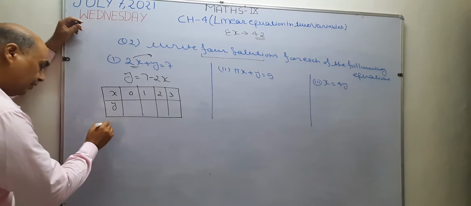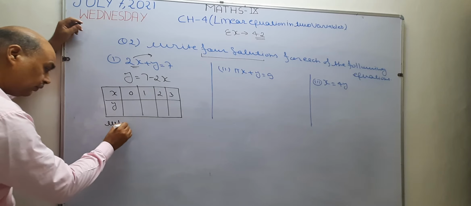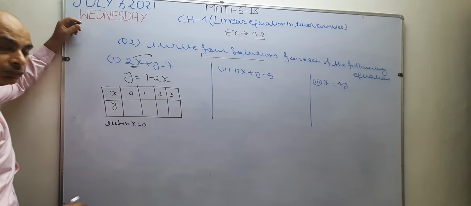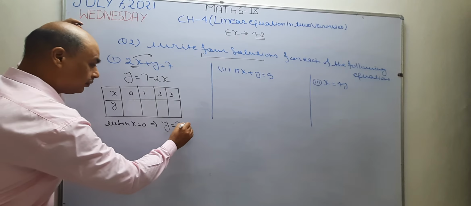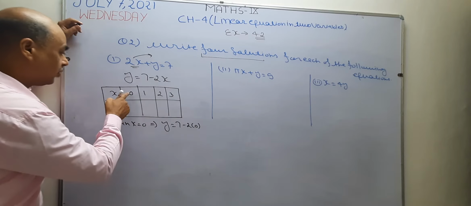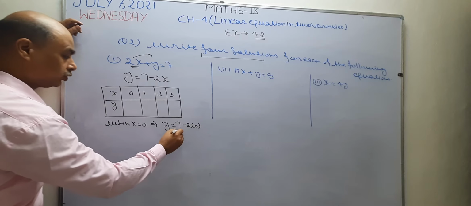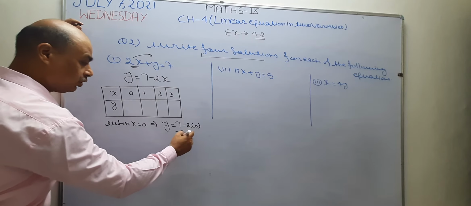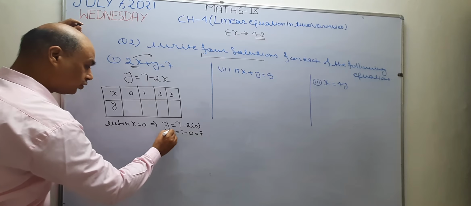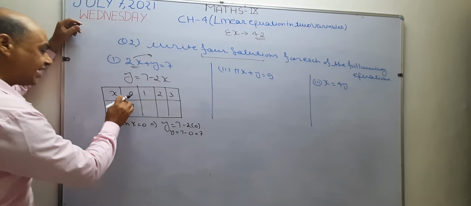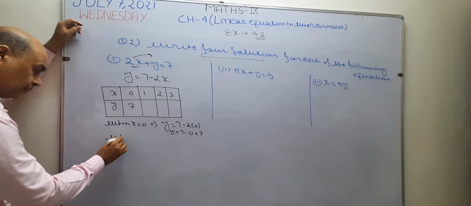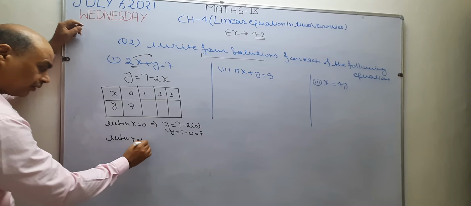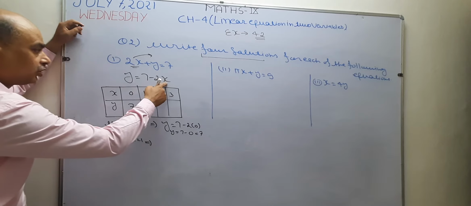See, when x equal to 0, this equation becomes this. Instead of x, I write 0. So this becomes 7 minus 0, which is 7. So y becomes 7. When x is 0, the value of y is 7. When x equal to 1, write 1 instead of x.